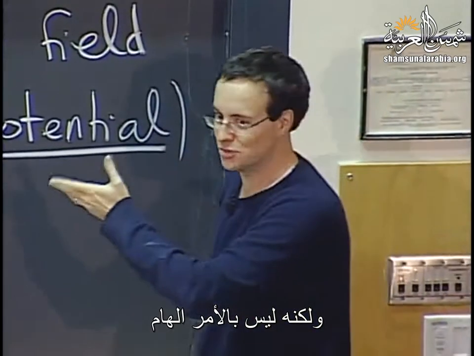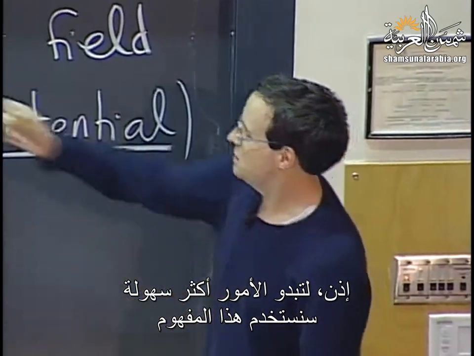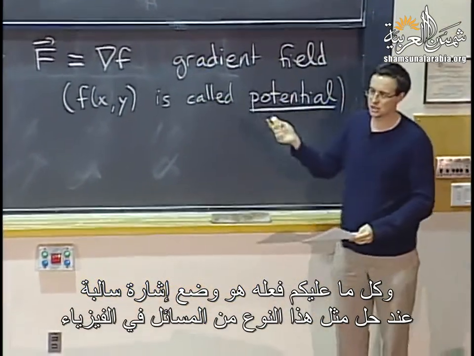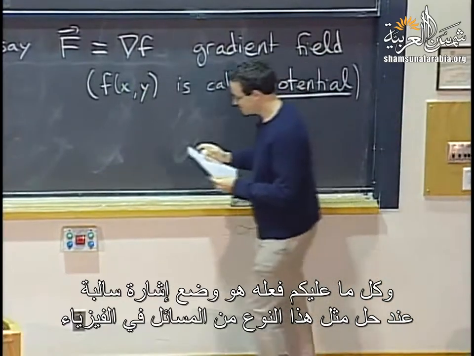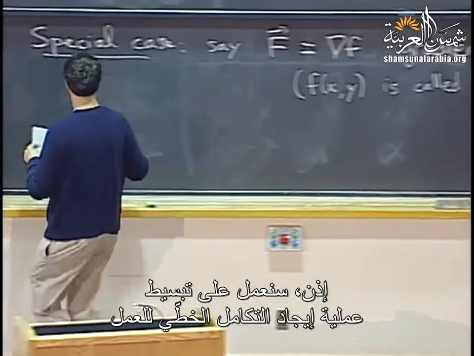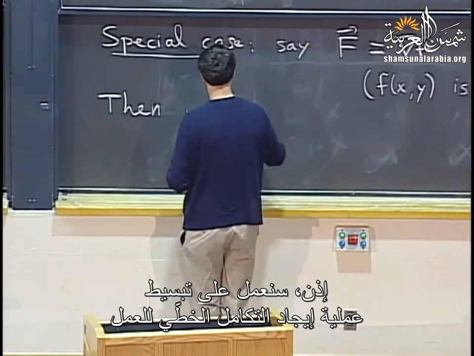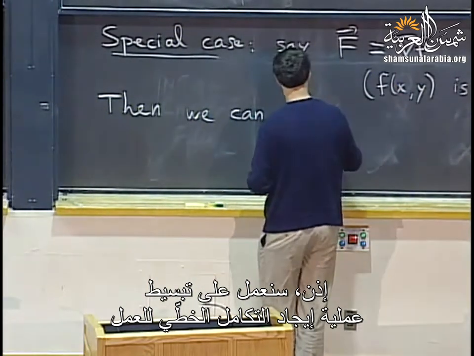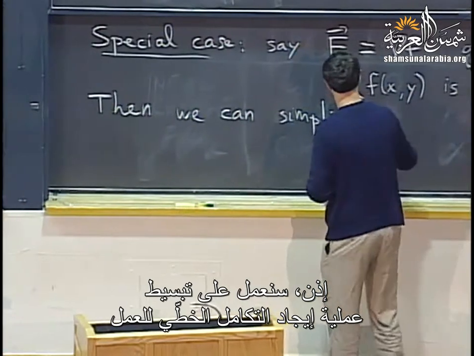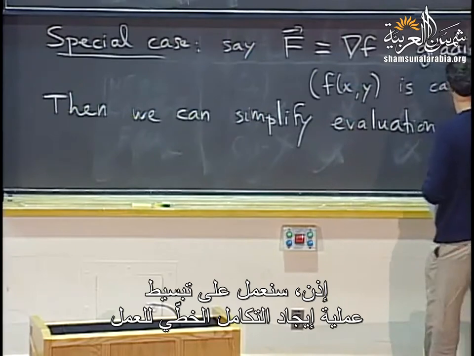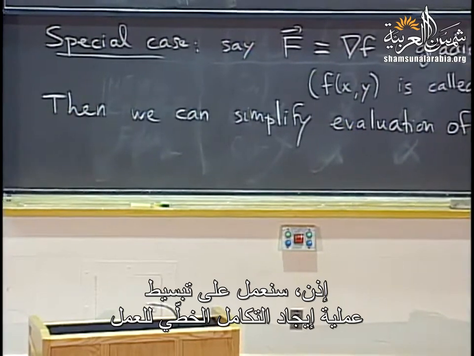It doesn't really matter, but to make things simpler, we are using this convention, and you just put a minus sign if you're doing physics. So then I claim we can simplify the evaluation of the line integral for work.